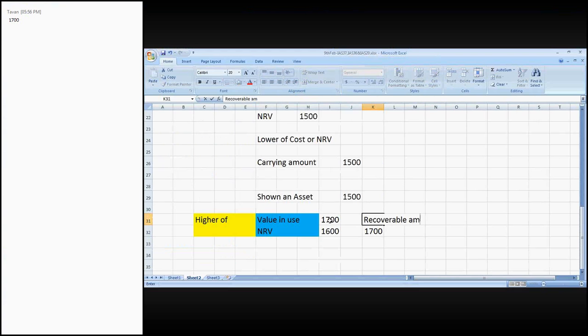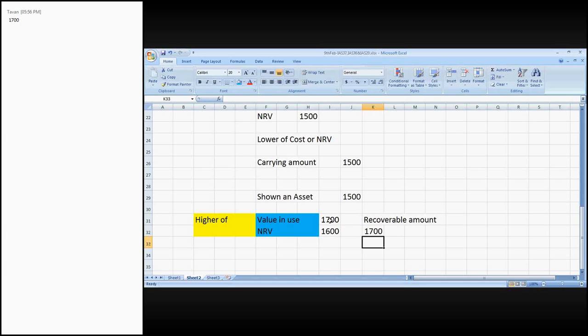Isn't it? Impairment testing says that the value at which I have shown the asset in the books should not be higher than the recoverable amount. If the carrying value is higher than the recoverable amount, that means the asset has suffered impairment, otherwise not.